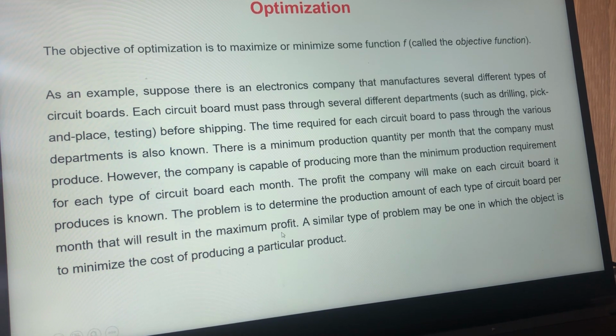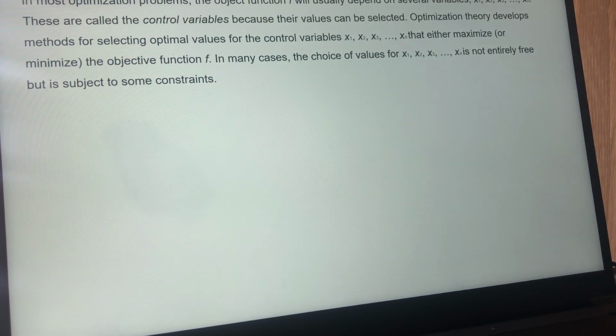What does it mean? It means that you are trying to maximize your profit function, the f function. So you will have a function. But in this function, the variables also have some restrictions on them. And these are the constraints. This kind of problem you sometimes need to solve, and this is also one way of optimization.